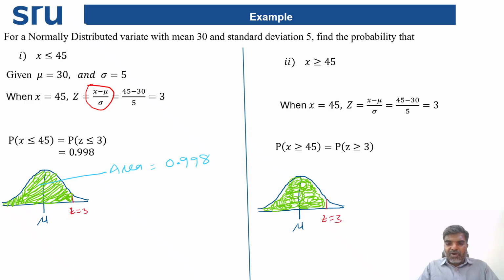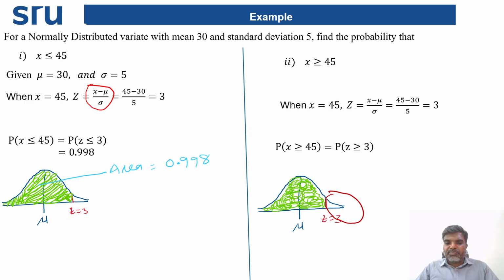But what do we need? Here, probability when z greater than or equal to 3. Z greater than or equal to 3 means we have to consider the right side area of z. But table gives left side area. So actually we need the right side area. Right side area means we need this area. So how can we obtain that area?